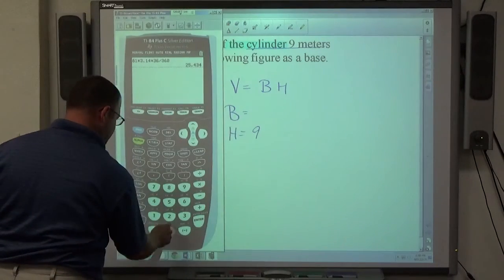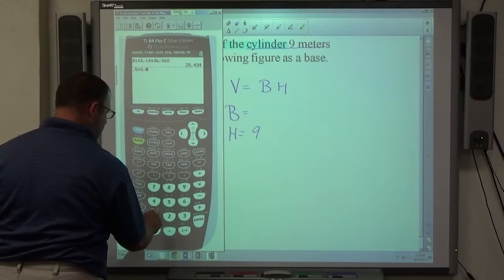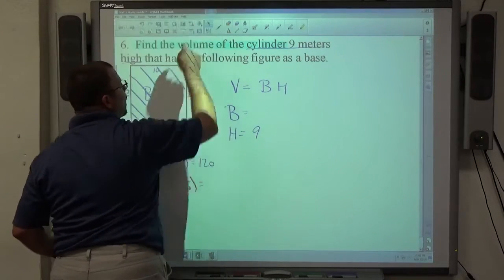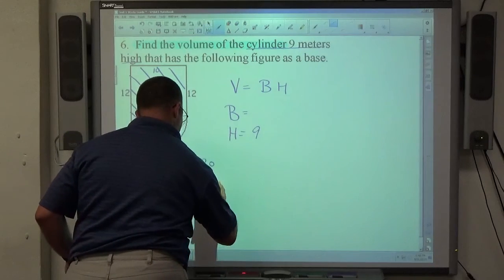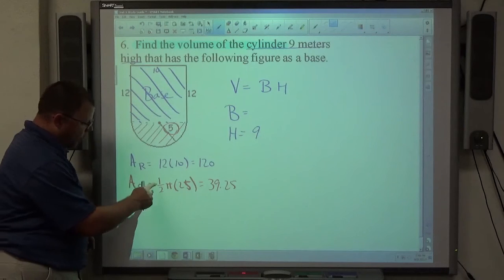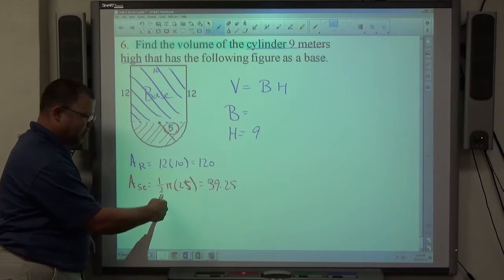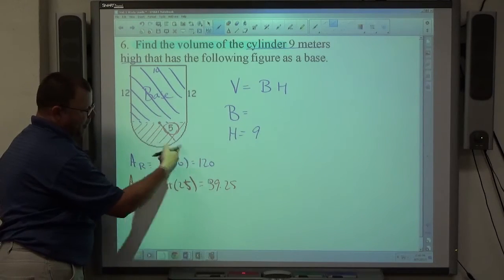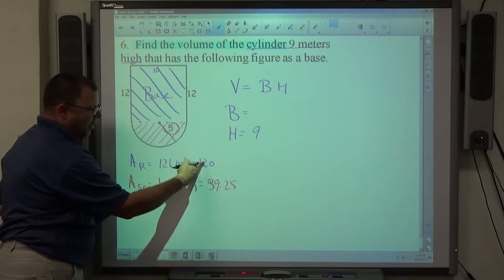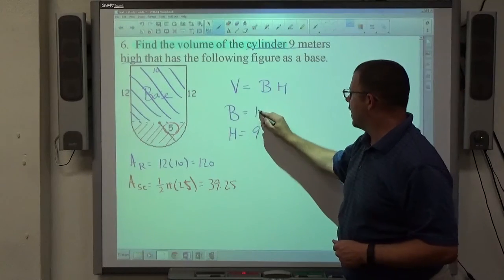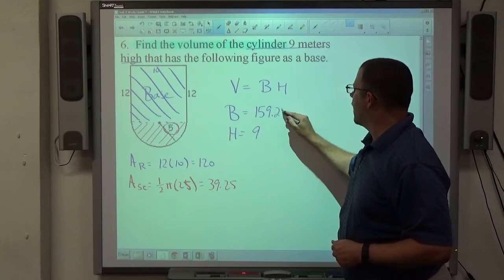0.5 times 3.14, which is pi, times 25, comes out to 39.25. If you didn't want to use 0.5 as a half, 1 times 3.14 times 25 divided by 2 equals, that works also. The rectangle 120 plus the semicircle 39.25 adds up to make B. So if we add those together, I get 159.25.